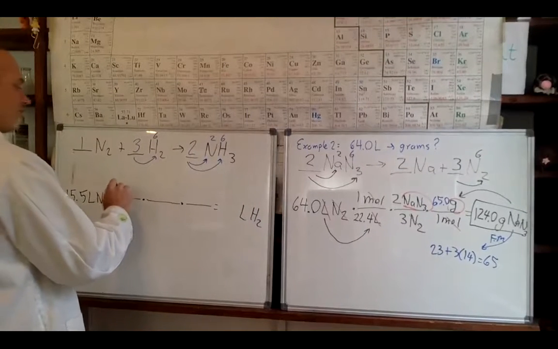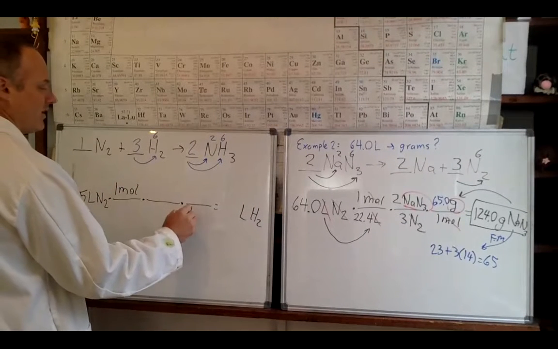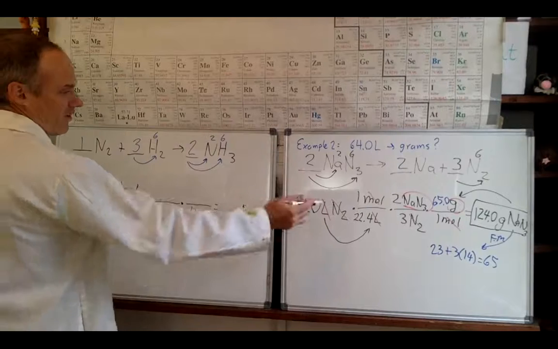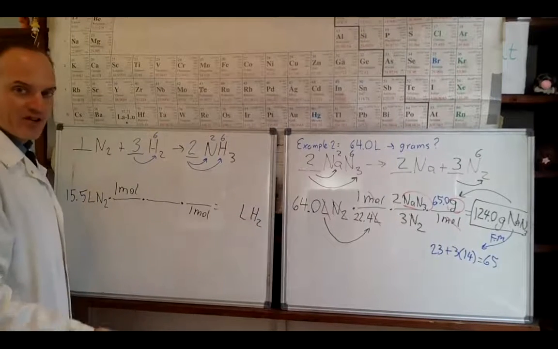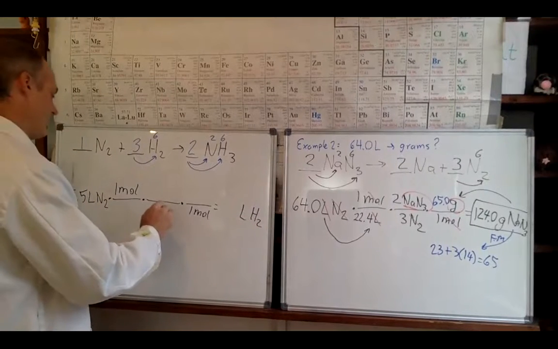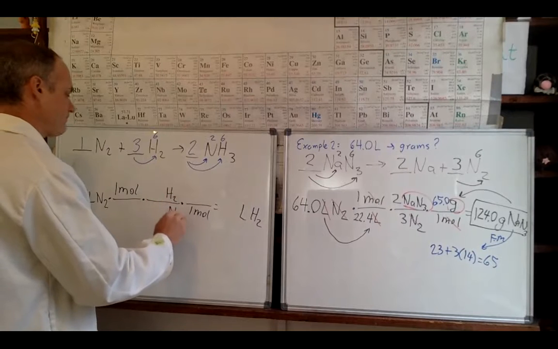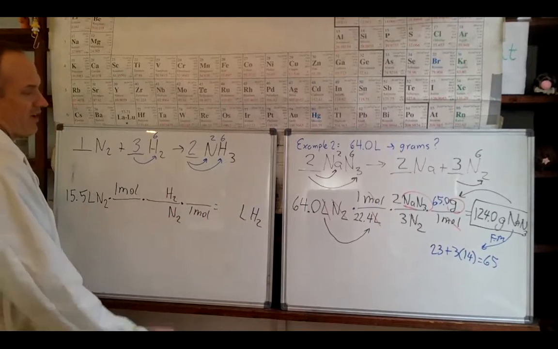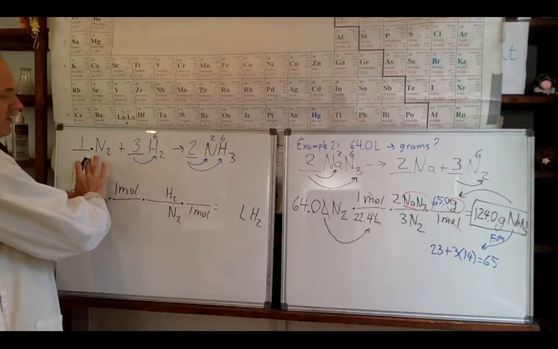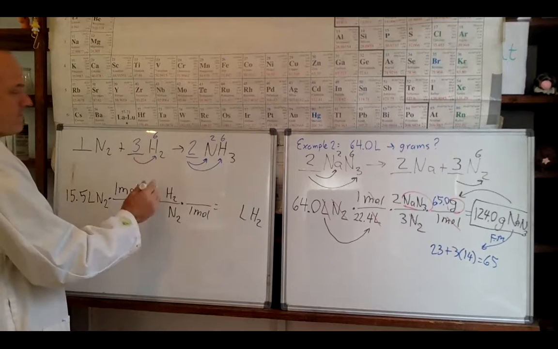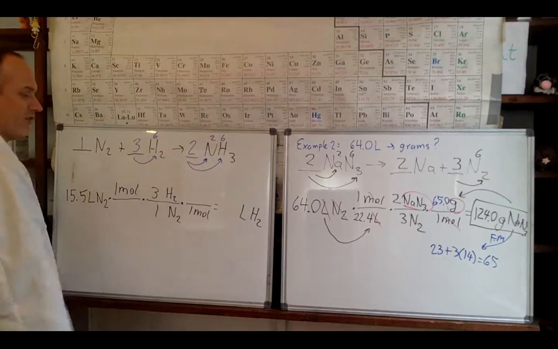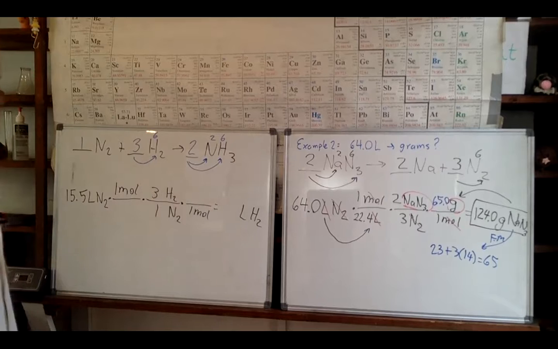So in the first step, we're going to have 1 mole and 22.4 liters, just like we did in our other one. And then for our ratio, we want hydrogen, and we're starting with nitrogen. We just balanced this equation, so you can see it's a 3 to 1 conversion for the ratio.